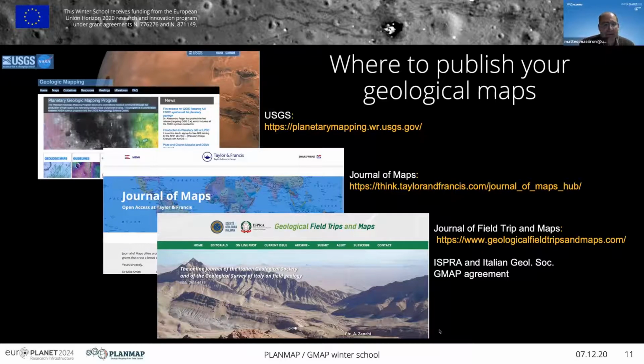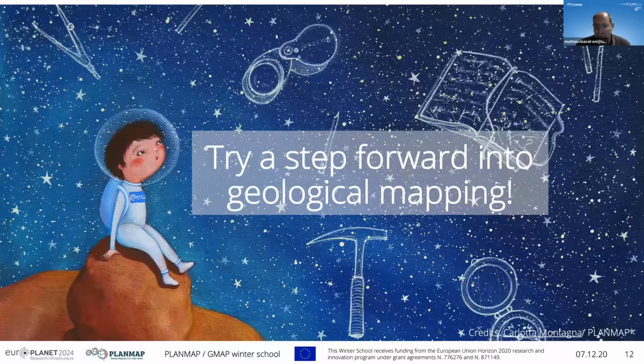The other ones, no, but USGS is historical, the most important reference for geological maps. And the Geological Field Trip and Maps, as I said, is completely dedicated to geological maps. It's another possibility, in particular if you want to publish innovative maps and not only the traditional ones.